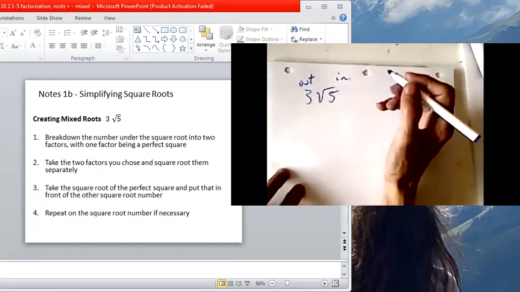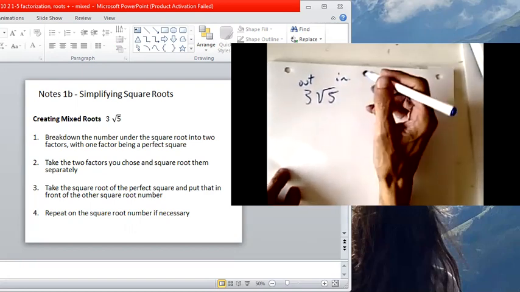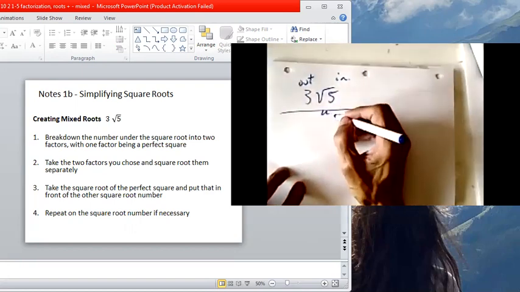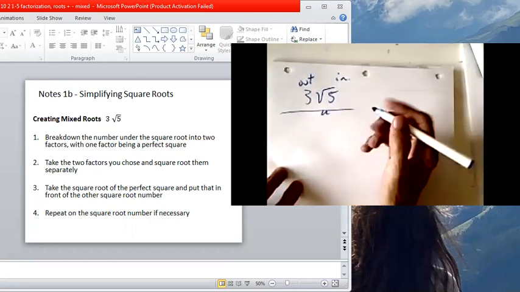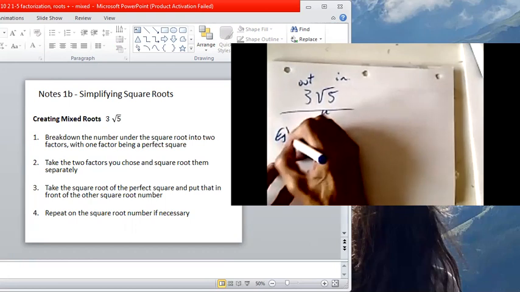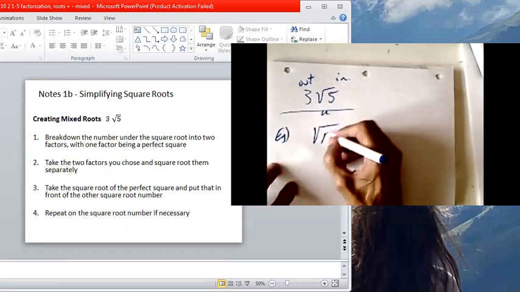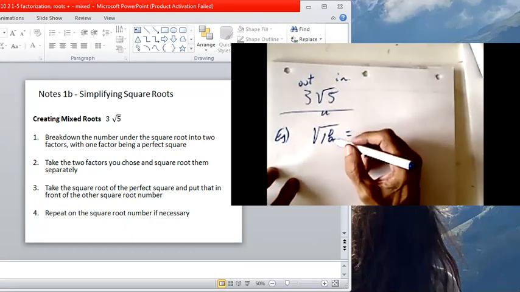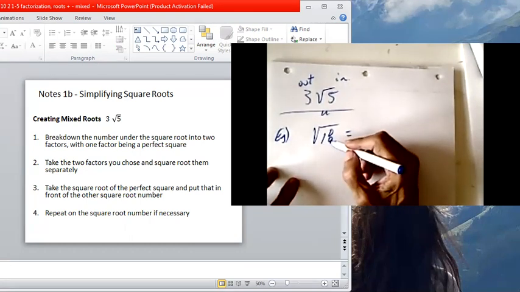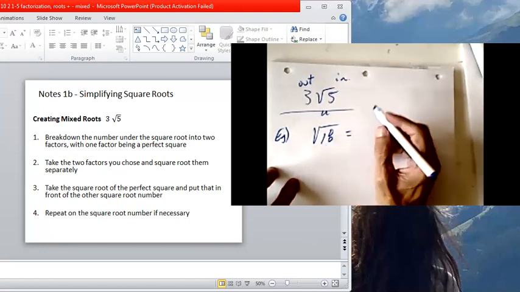Okay, so how do you do this? Number 1, it says break down a number so you have one of the numbers being a perfect square. I'm going to give an example to start with: 18. So you break this number down into 2 numbers, 2 factors to be proper, one of them being a perfect square.